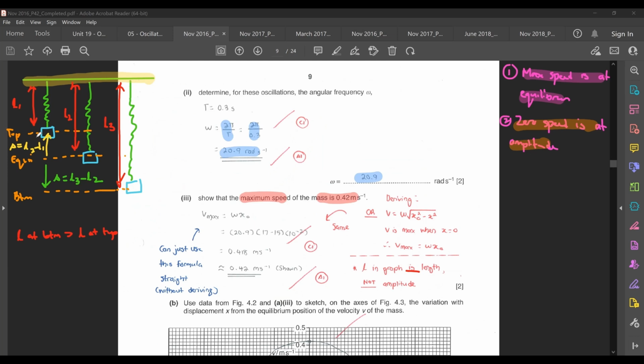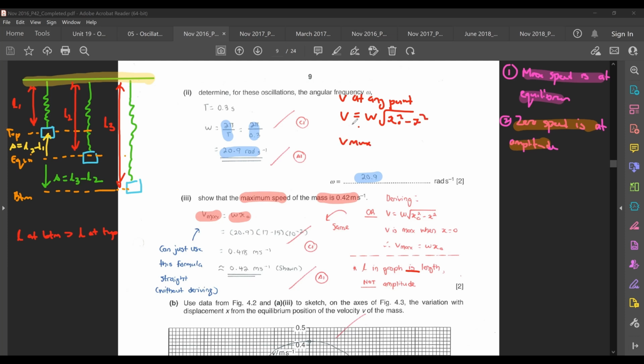Okay, and then after that, for the next part, show that the maximum speed of your mass is 0.42 meter per second. So Vmax, as you learned in the previous lesson, is actually omega x naught. The velocity at any point is always v equals omega square root of x naught squared minus x squared.